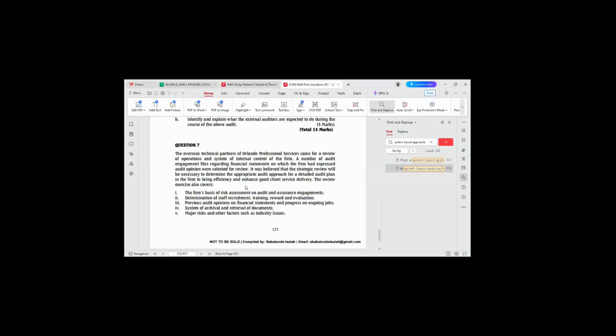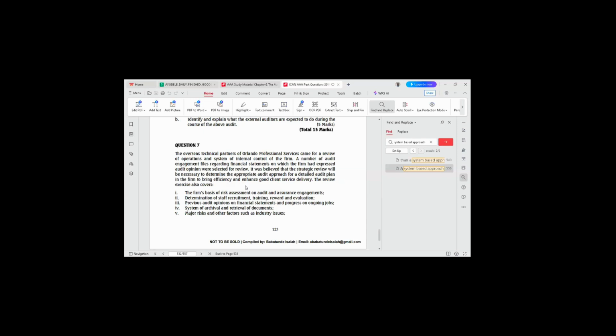The overview exercise also covers: 1. The firm's basis for risk assessment on audit and assurance engagement. 2. Determination of staff recruitment, training, reward, and evaluation. 3. Previous audit opinion on financial statements and progress on ongoing jobs. 4.